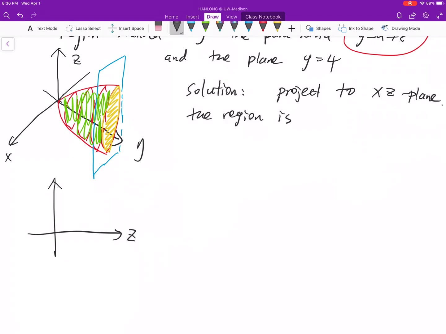So here is z, here is x. I had a hard time drawing the xz plane. Suppose we have this one, but actually I think it's okay. You can draw like this. And then the region D is given by the yellow part. And how to compute the yellow part? We need to solve.